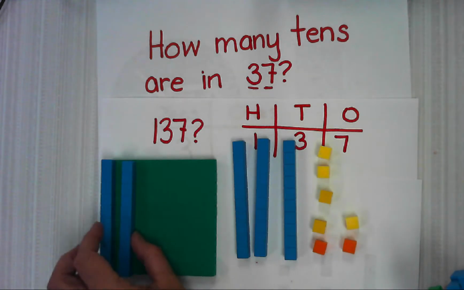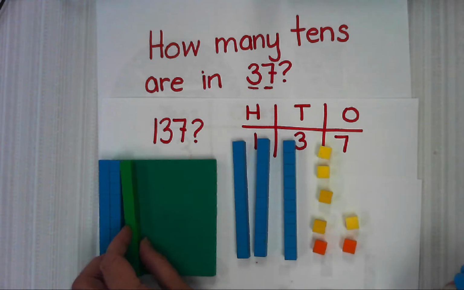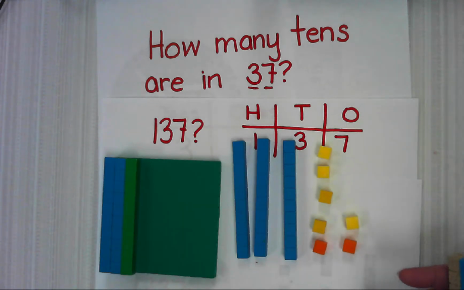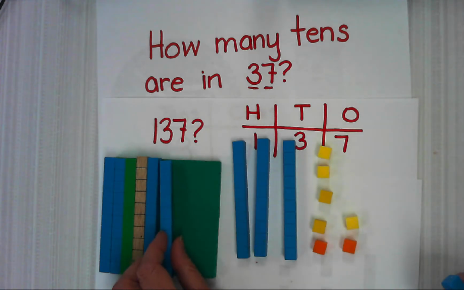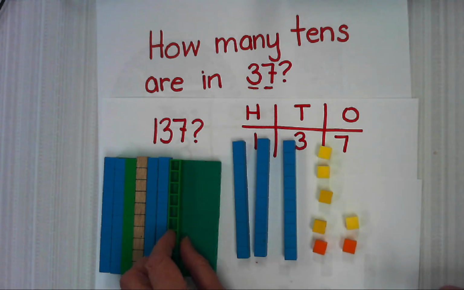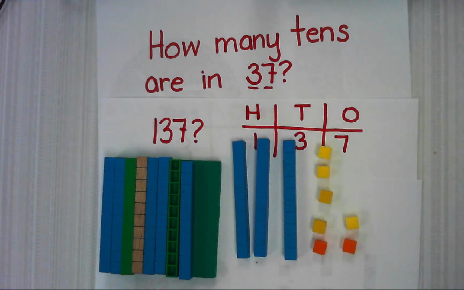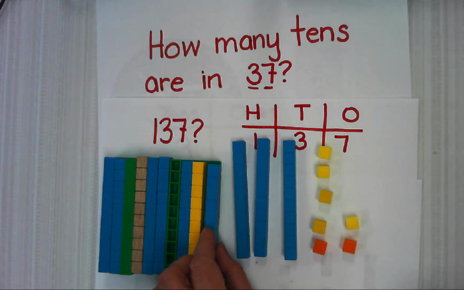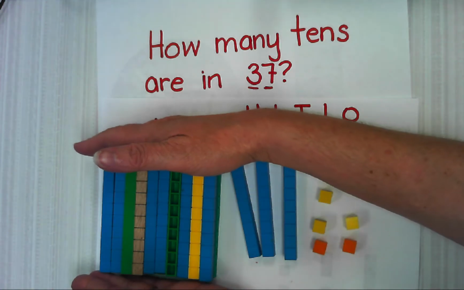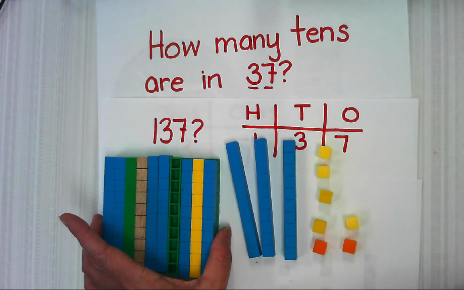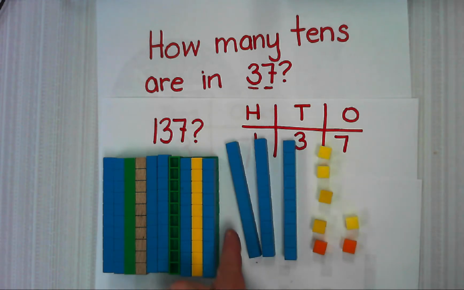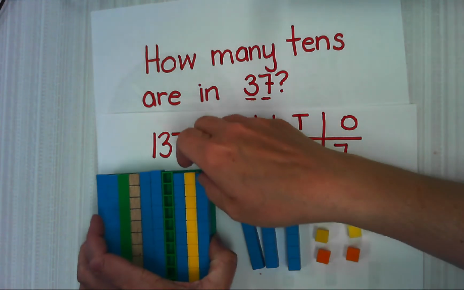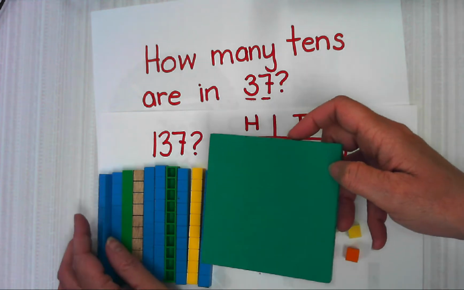There's 1 ten, 2 tens, 3 tens, 4 tens, 5 tens, 6 tens, 7 tens, 8 tens, 9 tens, 10 tens. Now this is exactly the same size as our flat of 100. You can tell it's all covered up and you can see the edge a little bit over there. So 10 tens looks like it's the same size as 100.